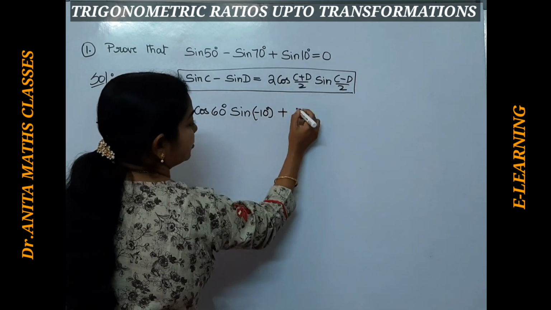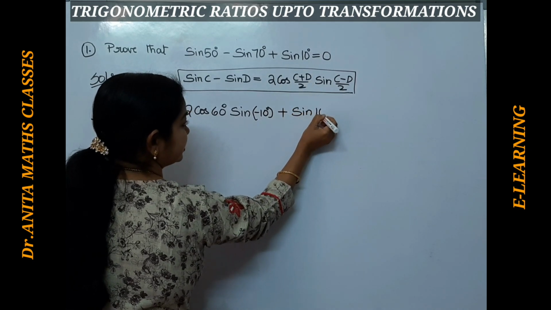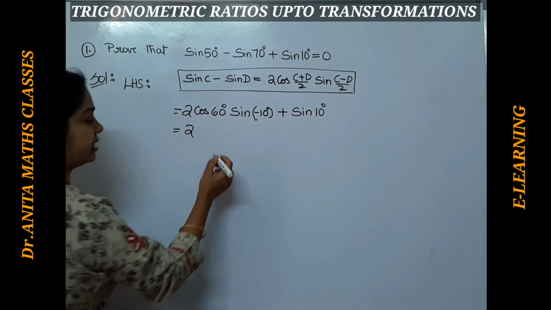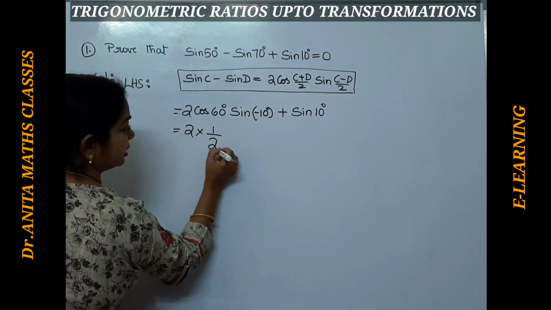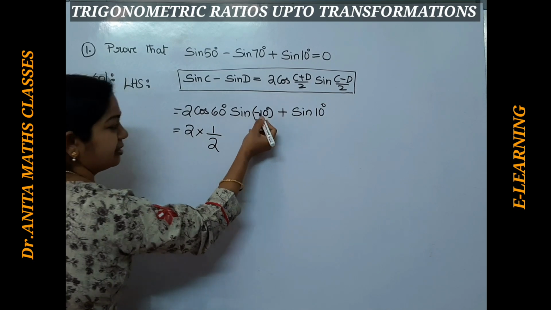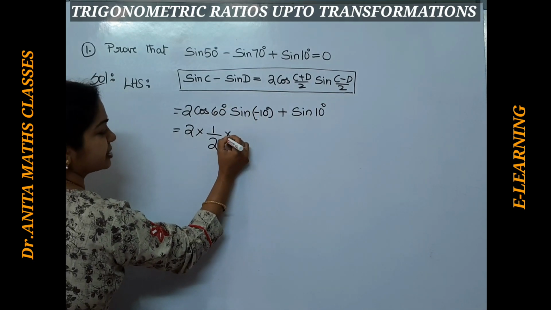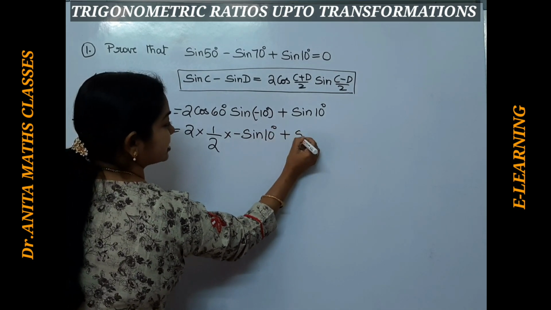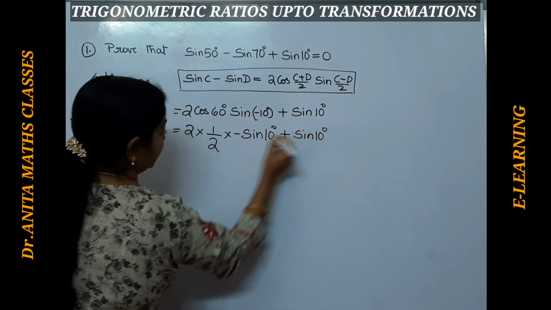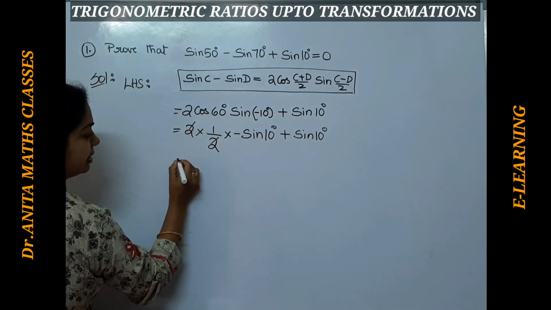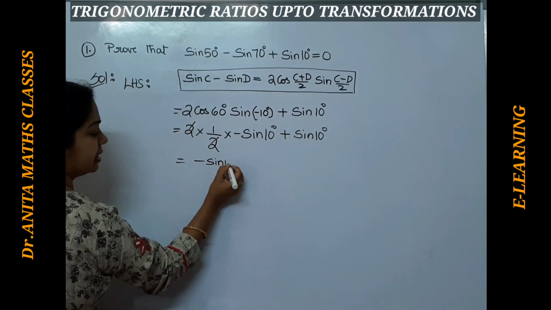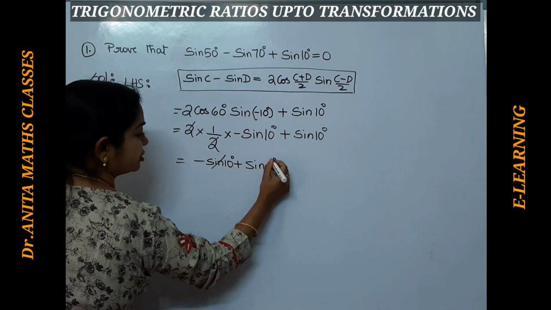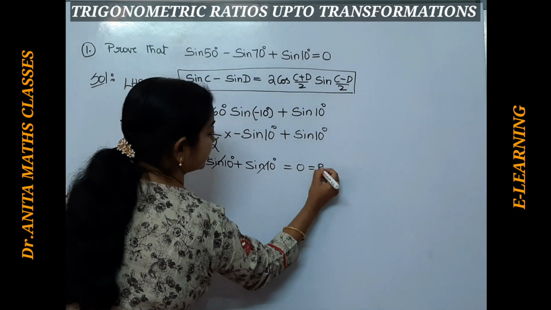But again we do have sine of 10 degrees here. Now cos of 60 degrees is 1 by 2. Sine of minus 10, so minus comes outside, this becomes minus sine 10 degrees, plus sine 10 degrees here again. So 2 we can cancel off because this is multiplication, so minus sine 10 degrees and plus sine 10 degrees we can cancel off. This becomes 0. This is the RHS part.